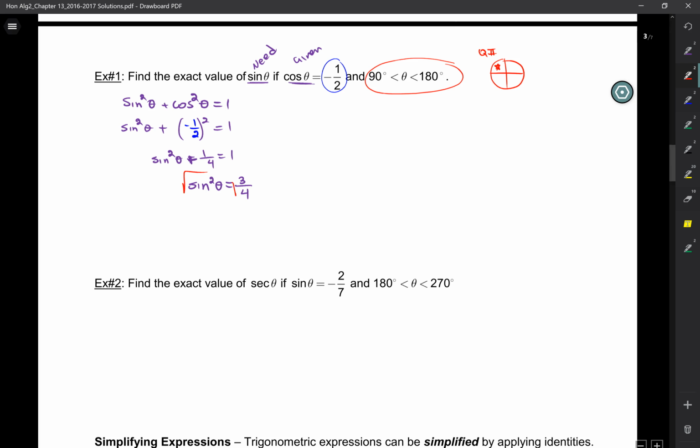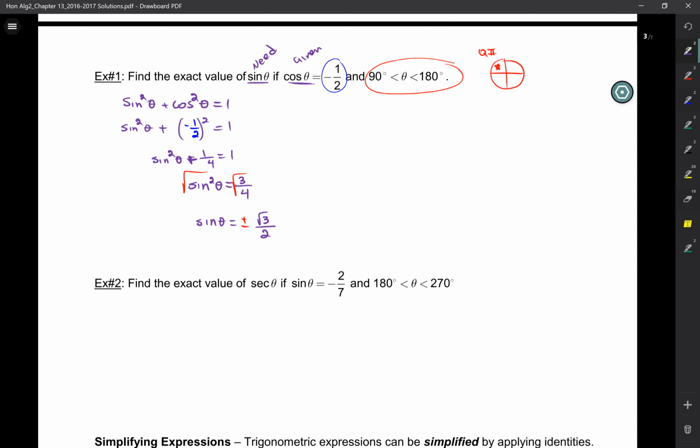And now what do we do? Take the square root of both sides. So now sine of theta is what? Plus or minus root 3 over 2. Now, why? When you do this mathematically, you have to show me that you get 2 answers.